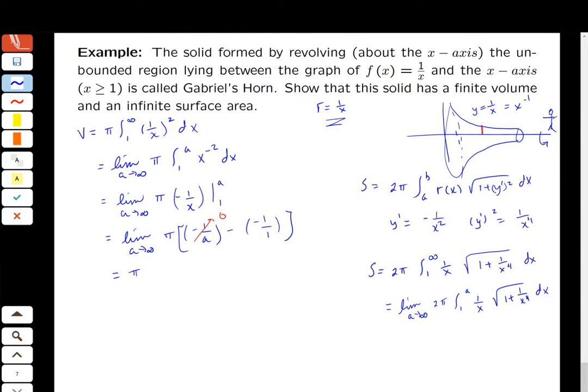Now, tell me about this value underneath the square root. Is that value ever smaller than 1? 1 plus a positive amount. Is that going to be smaller than 1 or bigger than 1? Bigger than 1. So when you take the square root, is that bigger than 1 or smaller than 1?